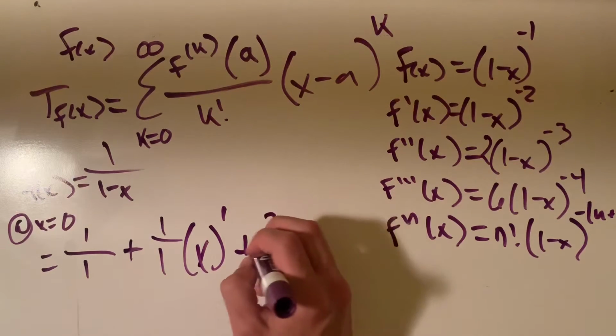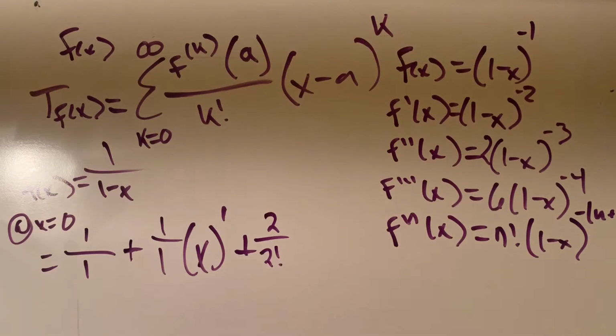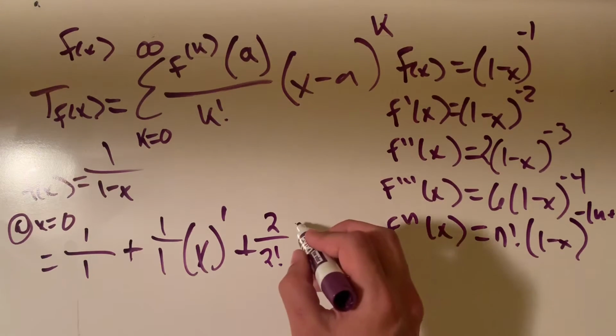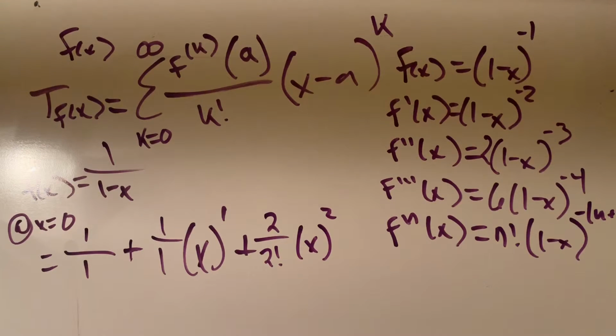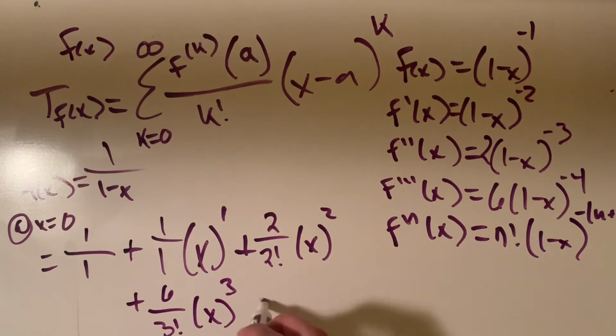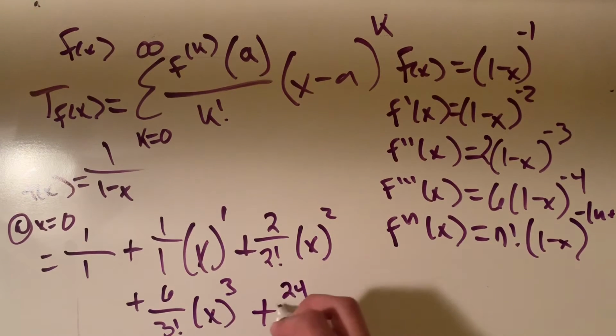So 2 over 2 factorial is then x to the 2. Come down the line and have f triple prime of 0 is 6 over 3 factorial times x to the 3rd plus f quadruple prime is 24 over 4 factorial times x to the 4th.